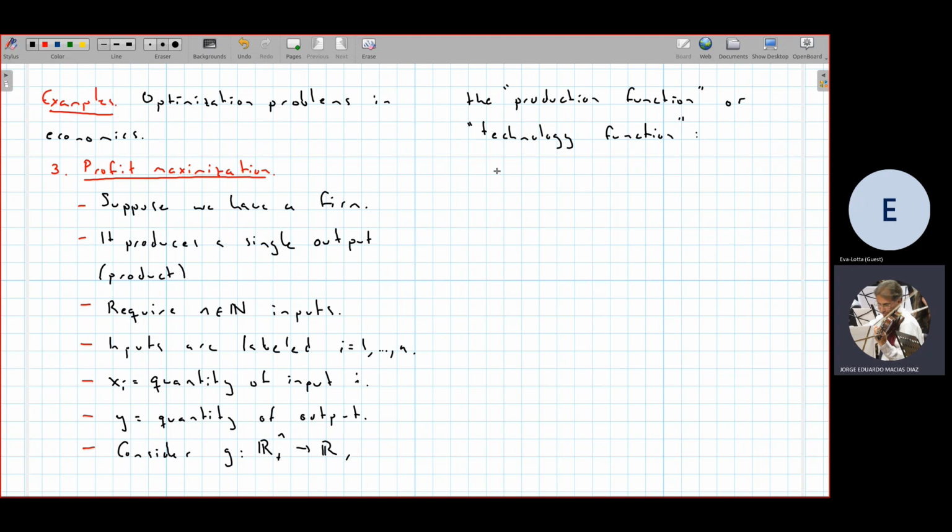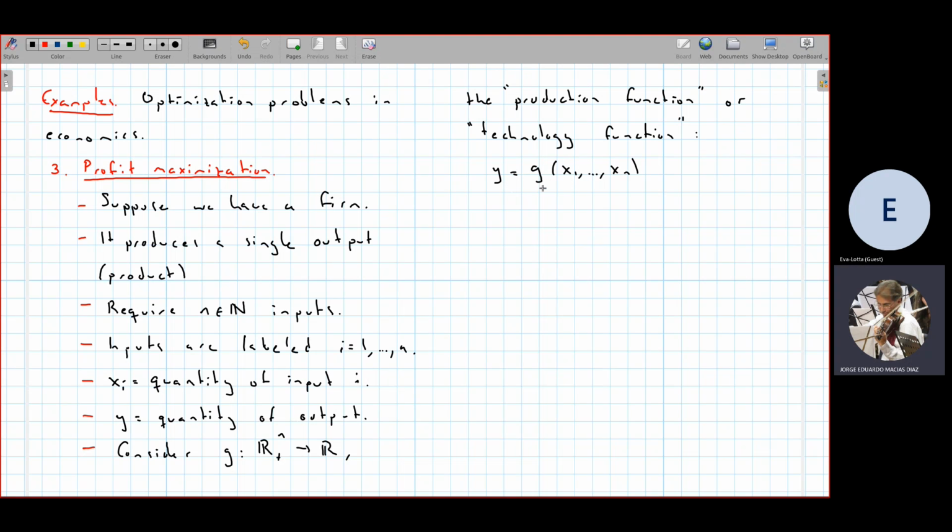And how does this work? The amount of output is going to be given by g of x1, x2, up to xn. That's what this represents.